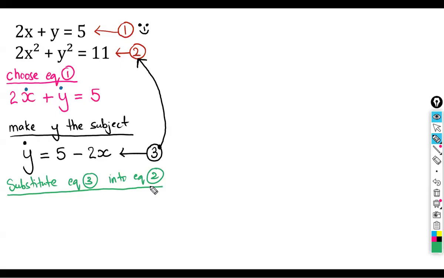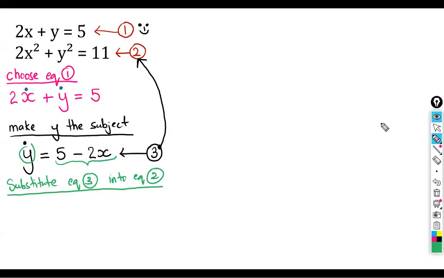So everyone take down that green statement. Right? And remember what this means. When you go to equation 2, wherever you see the letter y, you could throw away y and in brackets, replace it with 5 minus 2x, right?